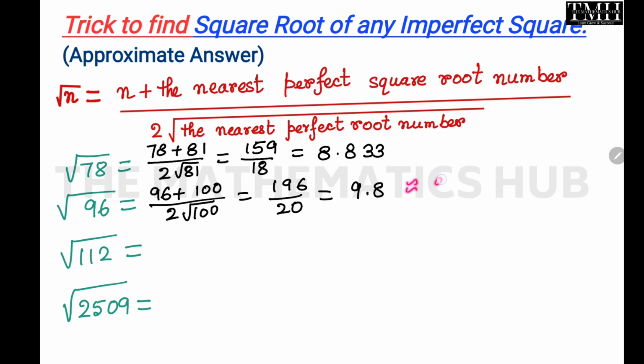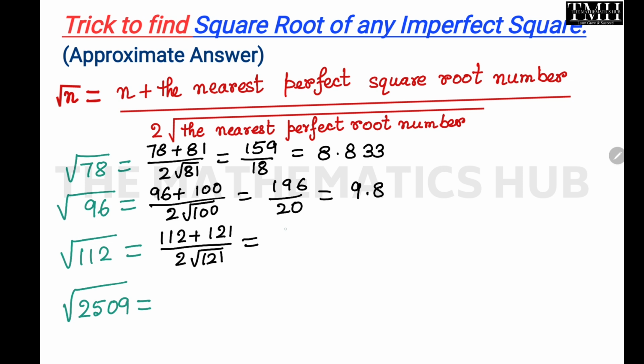And that is 9.7979. Let's solve the next question together. Next question is square root of 112. Write 112, the number itself, plus we will take 121 divided by 2 into square root of 121.